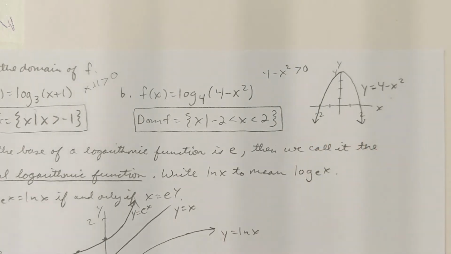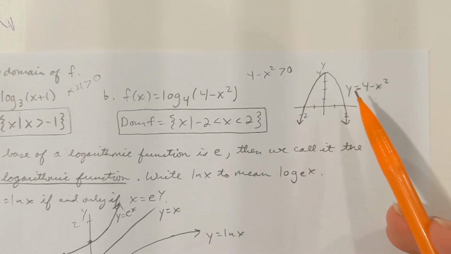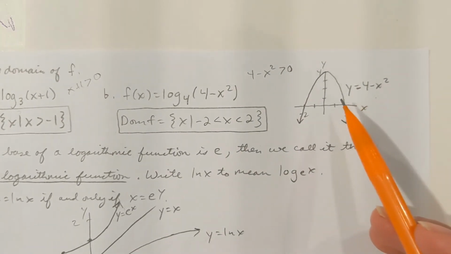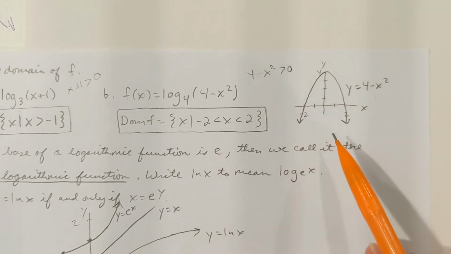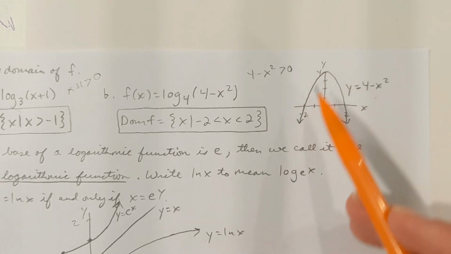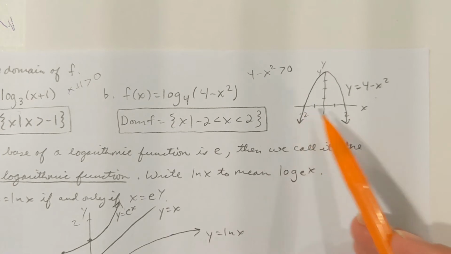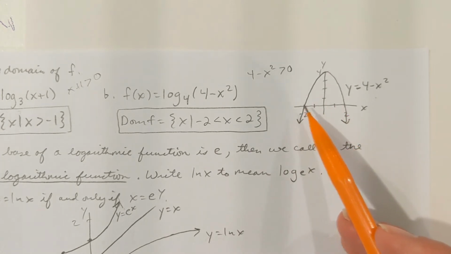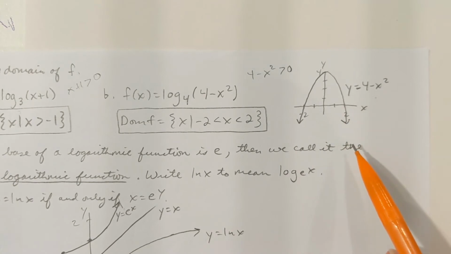One option that you could consider is if you let y equal 4 minus x squared, that would be a parabola that is flipped upside down and then shifted up 4 units. So I've drawn that parabola. This parabola would also intersect the x-axis at (negative 2, 0) and (2, 0).